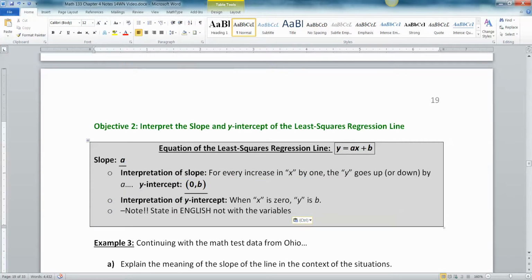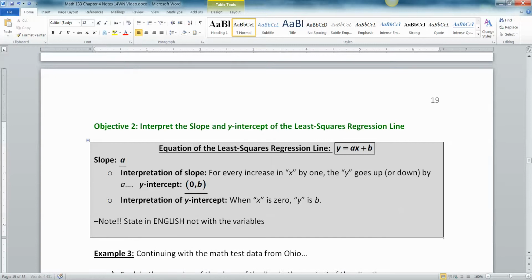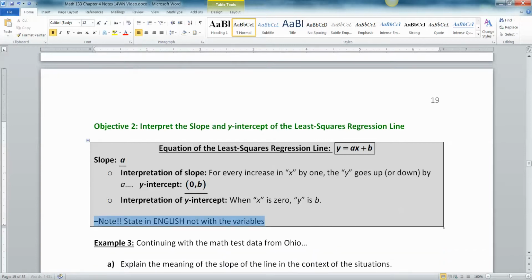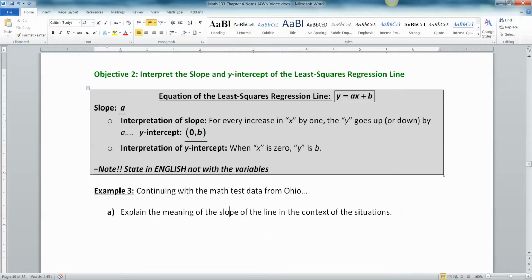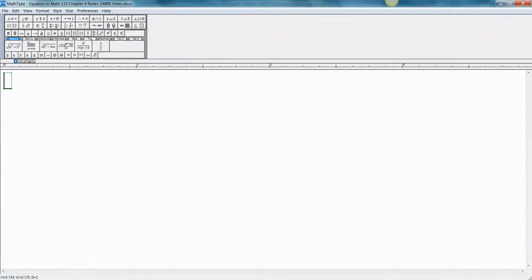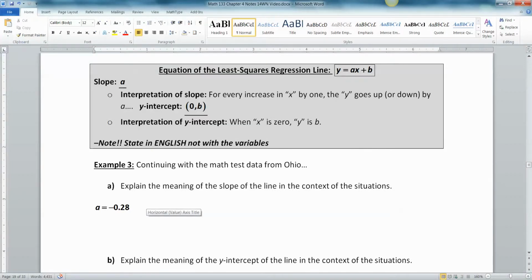You need to state your results, your explanations, in English, not with variables. Boom. All right. So let's think about our slope. Our slope for the lovely high school data was negative 0.28. Sorry, my bad. Okay, so that's the slope.